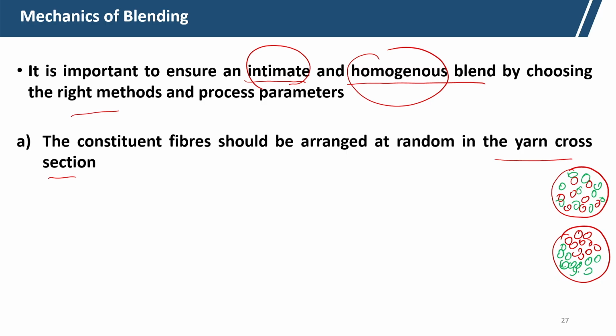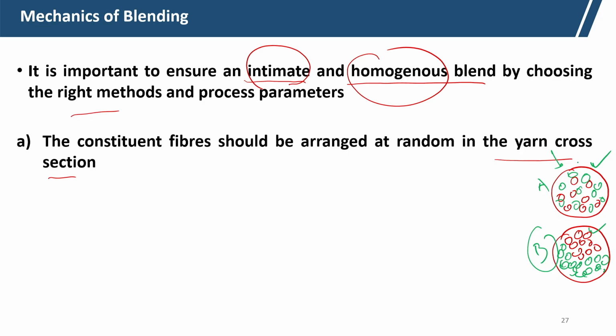If this be the case A and case B, our basic idea is to have a yarn where the constituent fibers in the cross section are evenly blended, evenly mixed. In case B the situation is not like that. Here cluster formation is there.